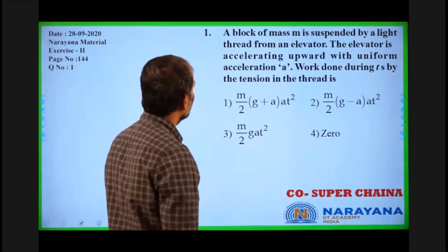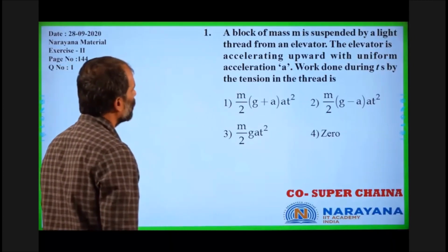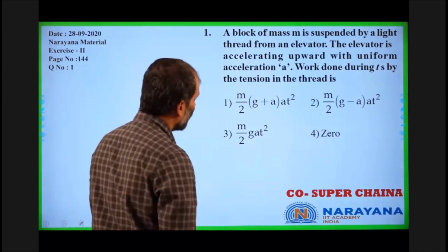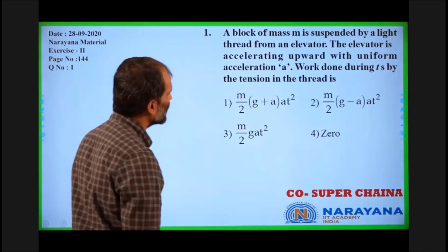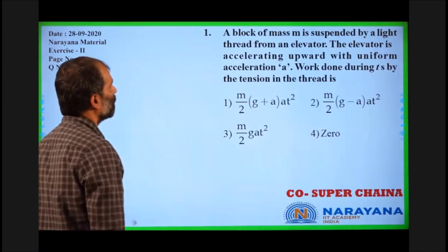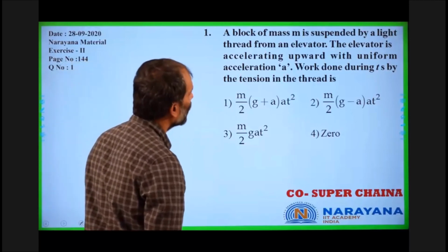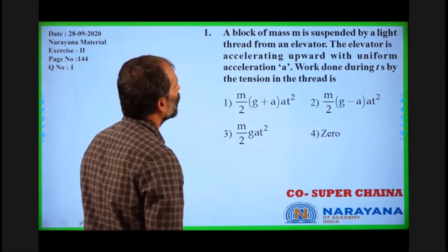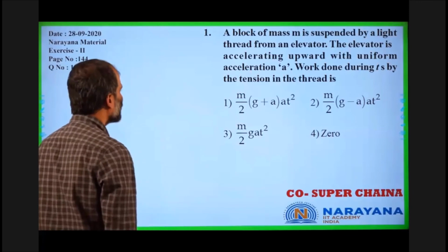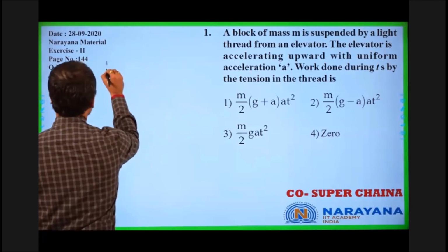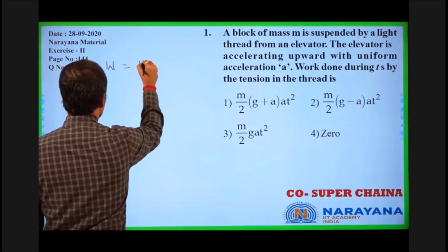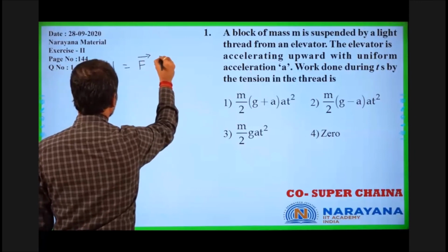See here it is given that a block of mass m is suspended by a light thread from an elevator. The elevator is accelerating upwards with uniform acceleration A. The work done during t seconds by the tension in this thread is, so work done is equal to F bar dot S bar.